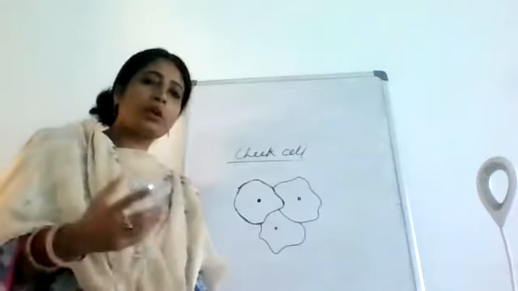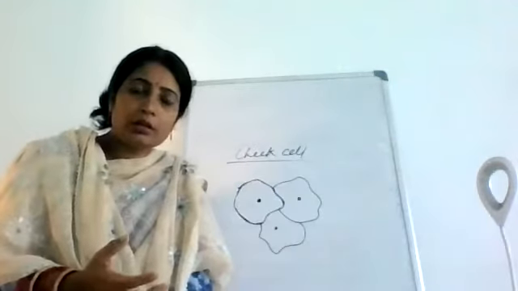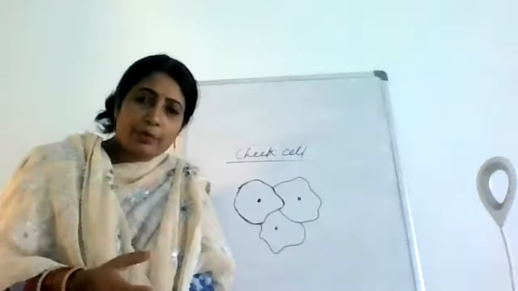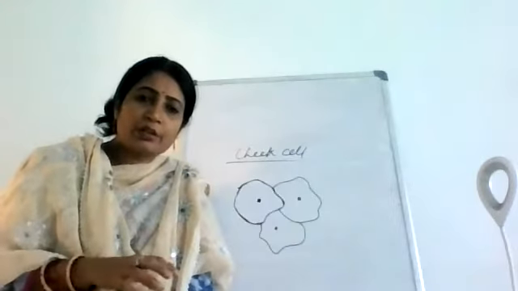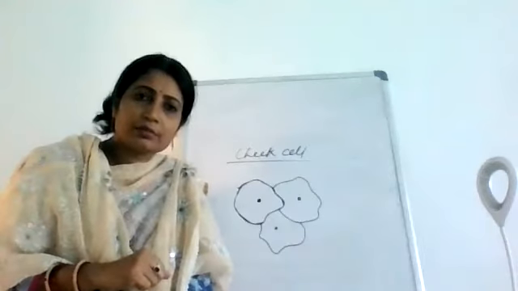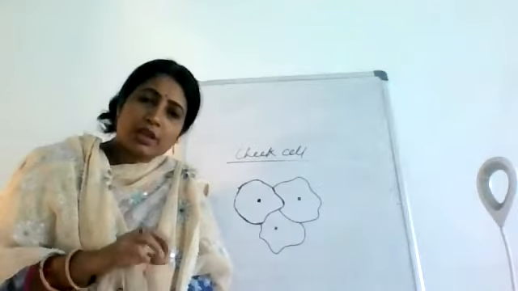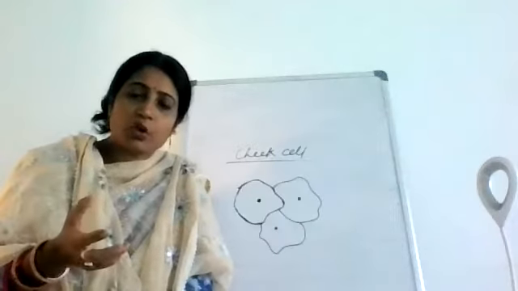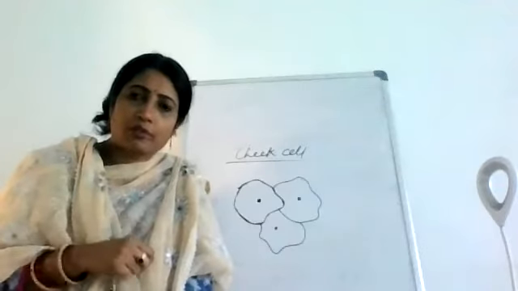Now, all the organelles like mitochondria, plastid, Golgi apparatus, where are they present, what is their site? Cytoplasm. Mitochondria is a special organelle, which is also called the powerhouse of the cell.